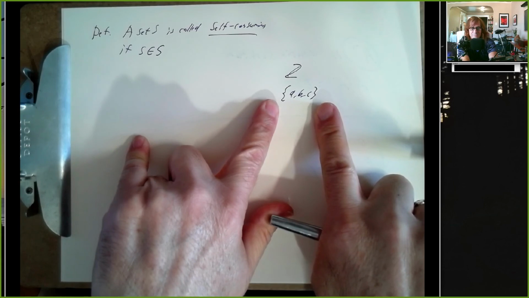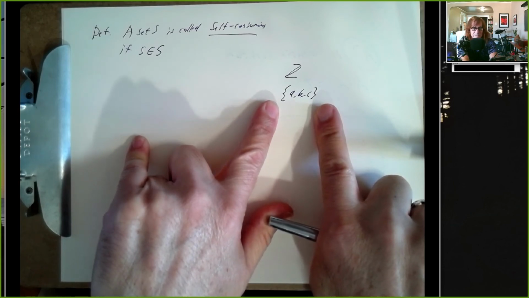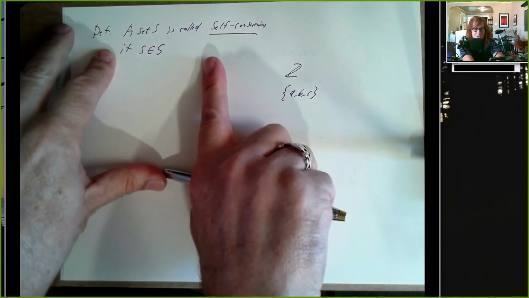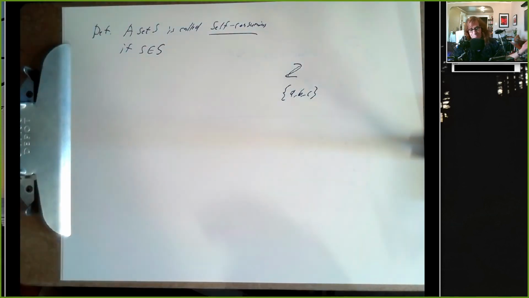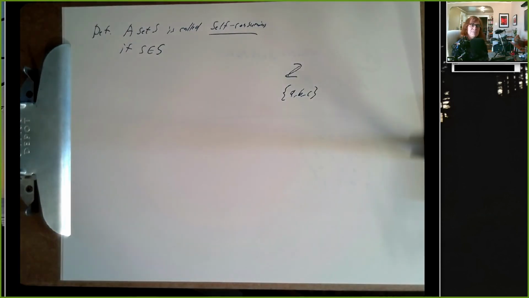Okay? And it's very hard to imagine a self-consuming set. But nonetheless, I've defined it, right? And if no sets are self-consuming, well, this is still a perfectly valid definition, right? Just like I can define a flying cow as a cow that has wings and can fly. Well, there may not be such a thing, but my definition still stands, right?